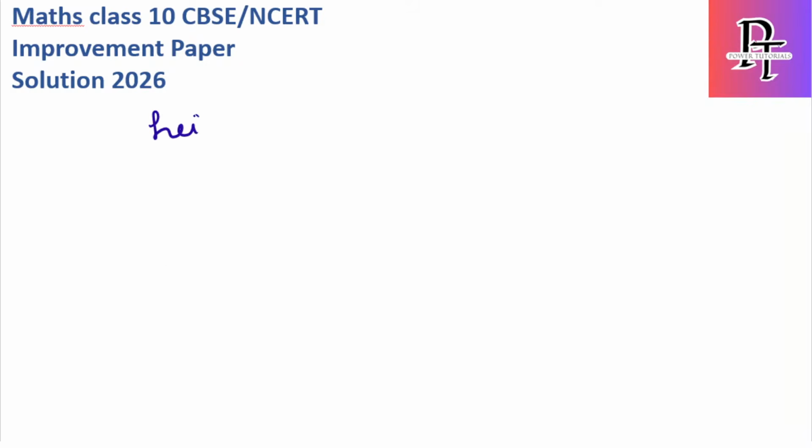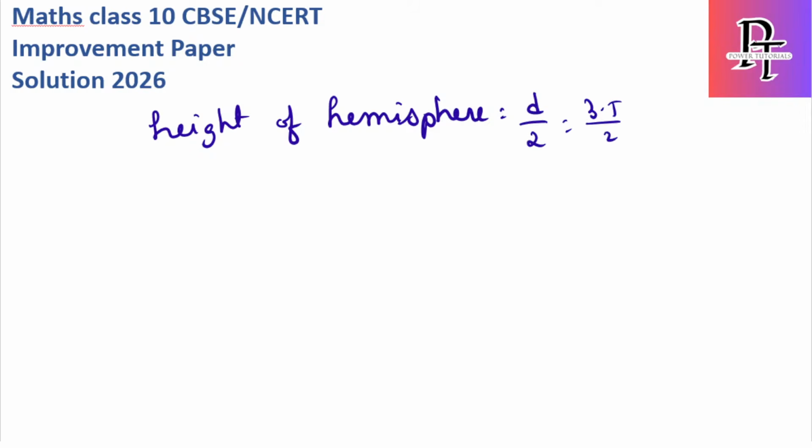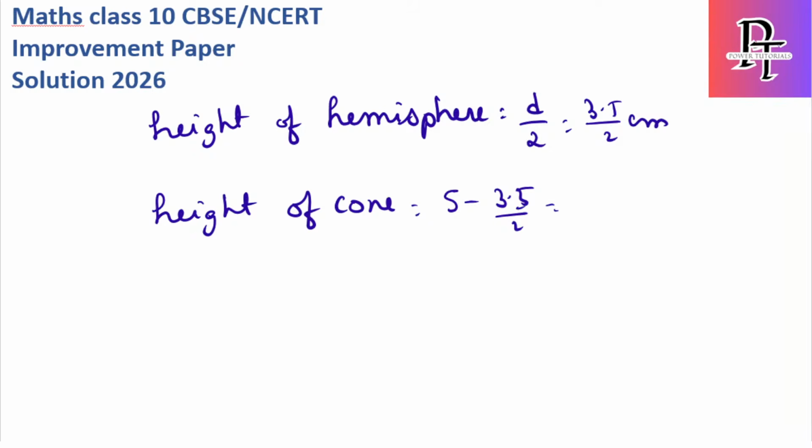The height of the hemisphere is the radius, or d by 2, which is 3.5 by 2 centimeters, whereas the height of the cone is 5 minus 3.5 by 2, which is 10 minus 3.5 by 2, which is 6.5 by 2.